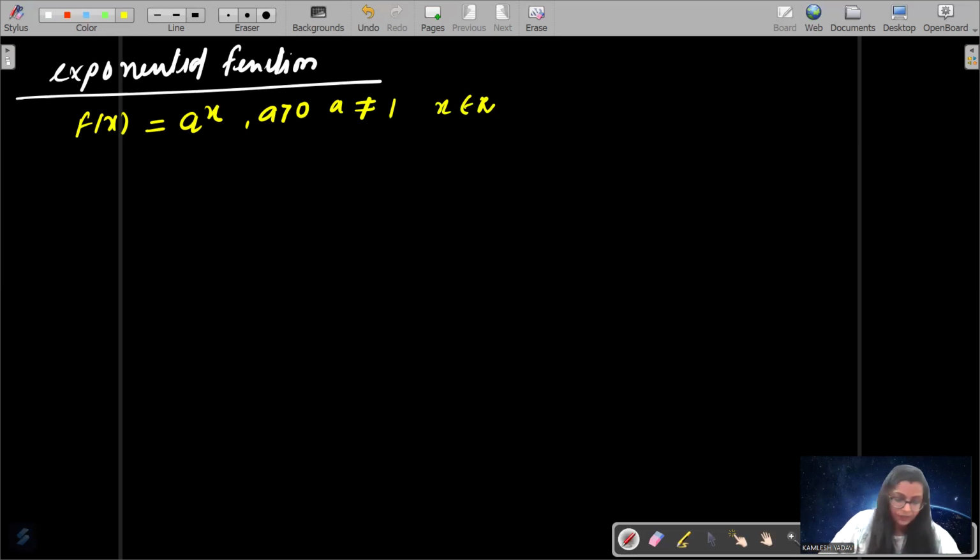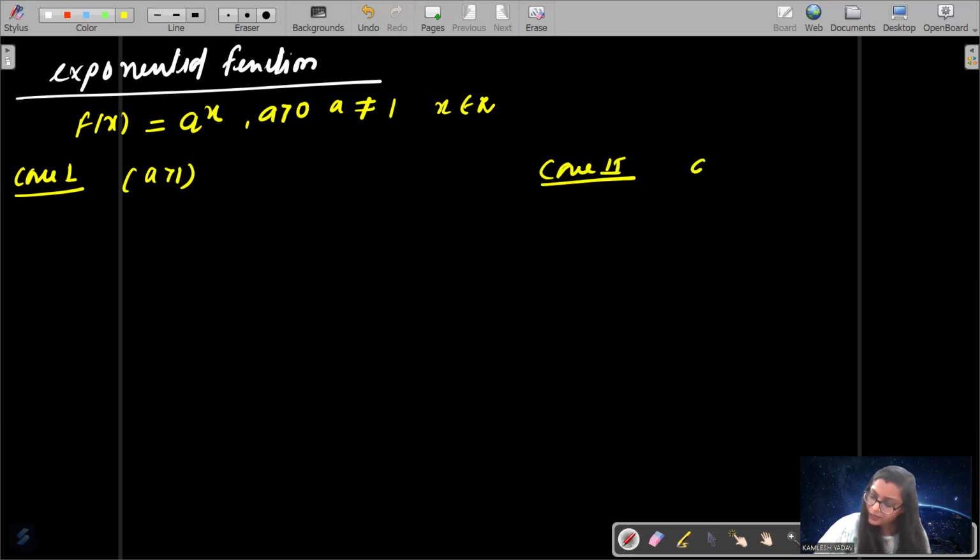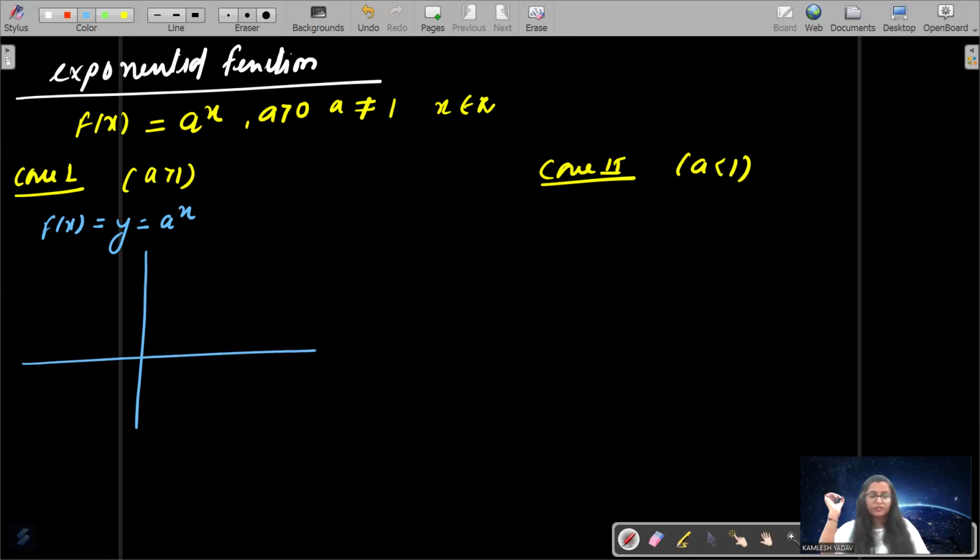For this function, two cases arise. Case 1, when a is greater than 1, and case 2, when a is less than 1. Here f(x) equals y, and y is equal to a to the power x. So we draw the graph of y equal to a to the power x.